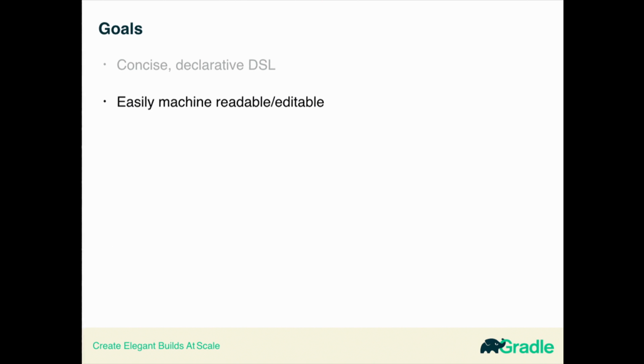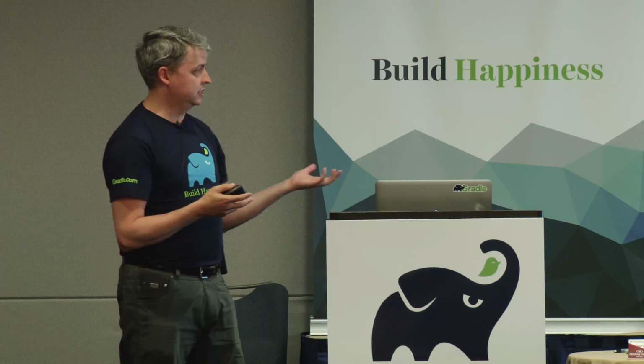We really want to support easier machine readability and editability. It's excellent work, if anyone caught the previous presentation, that Netflix is doing with the Gradle plugin. But as the presenter John said, a lot of it is based on the fact that most of the time there isn't dynamic stuff going on in an apply plugin statement.